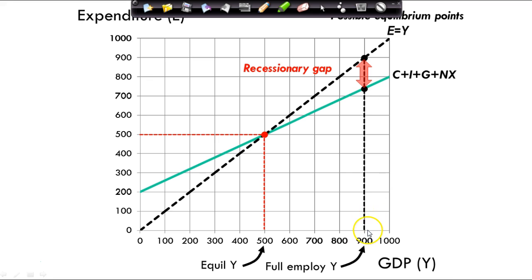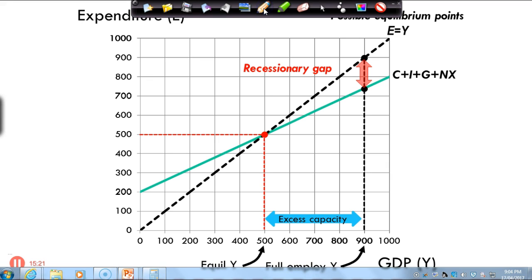And the gap between the full employment GDP and the actual equilibrium GDP level is indicated by excess capacity, and it's sometimes called the output gap.